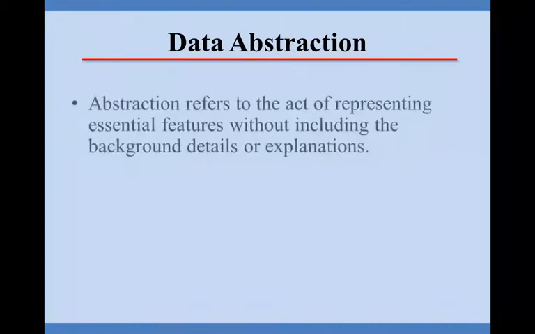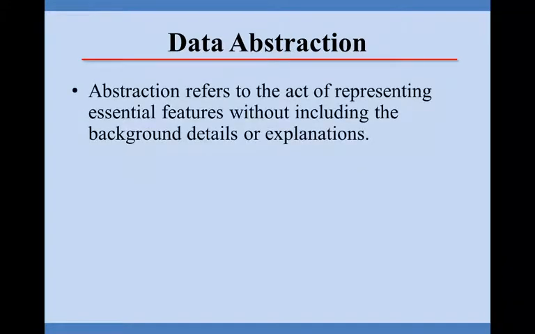Now next we have data abstraction. This is again a fundamental keyword in object-oriented programming. We should first know what the word abstraction means. Abstraction refers to the act of representing essential features without including the background details or explanation.